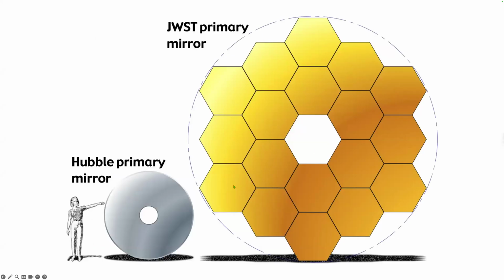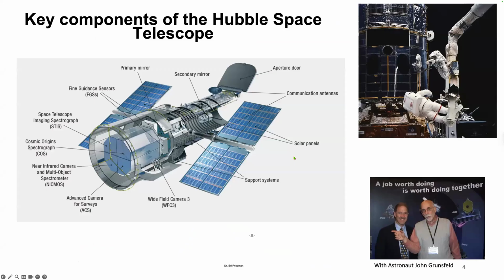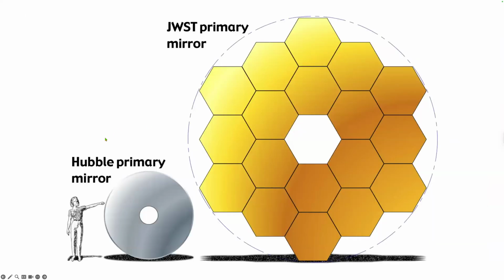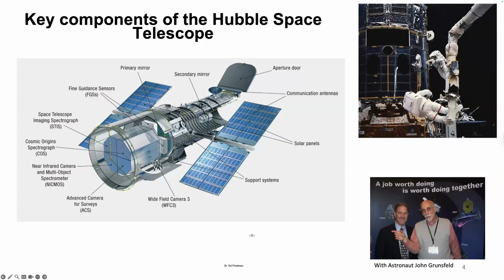So here, again, a comparison of the size of the primary mirrors. And here you see the essential parts of any space telescope. You have the primary mirror looking out in this direction. So the stars are out here. Light comes in, this is the back of the primary.